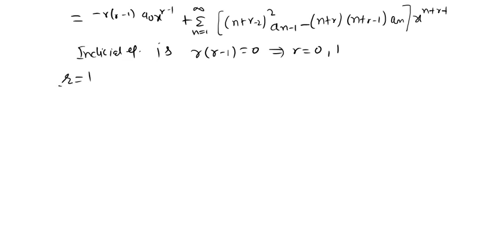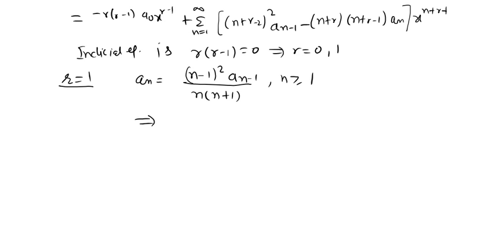So for r equal to 1, we have the general relation an equal to (n minus 1) square a(n minus 1) divided by (n plus 1) for n greater than or equal to 1. And if you fit n equal to 1, you get all an are 0.